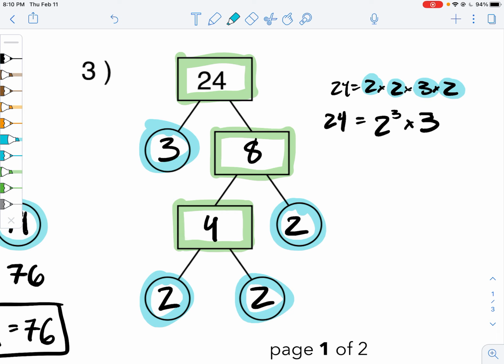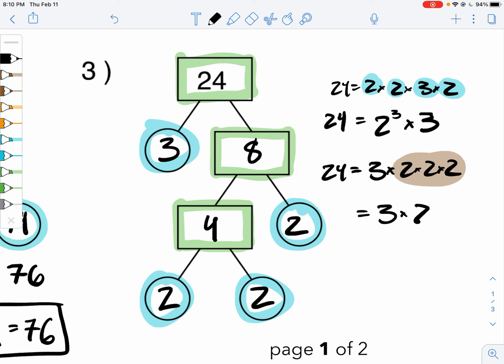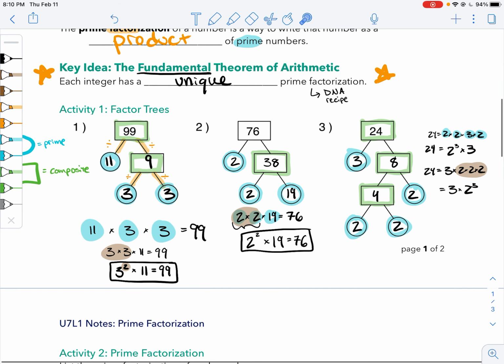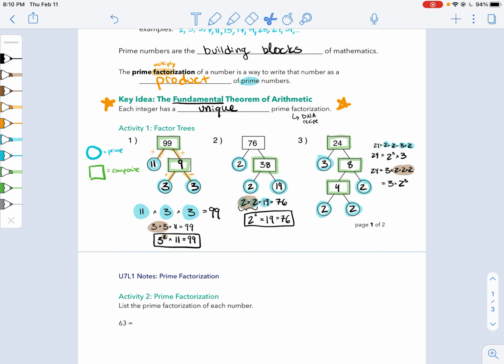But check it out. We still get that 24 equals 3 times 2 times 2 times 2, which is, oh hey look, three 2's there. So it gives us 24 is equal to 3 times 2 cubed, which is the same thing as 2 cubed times 3. So it doesn't matter where you start, you'll still go the same way.